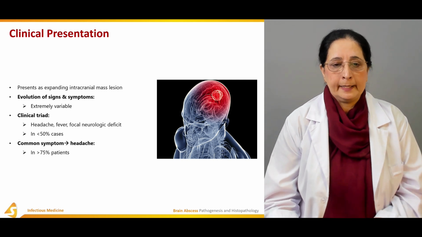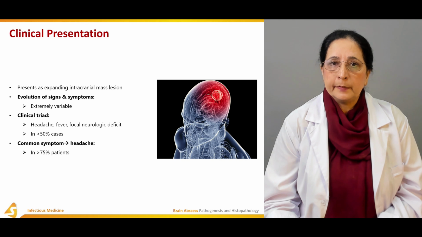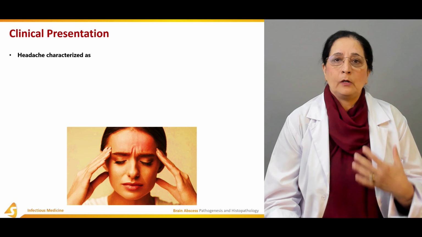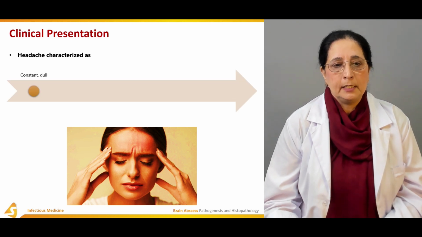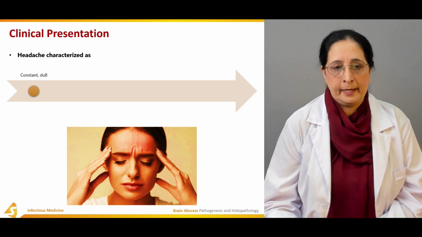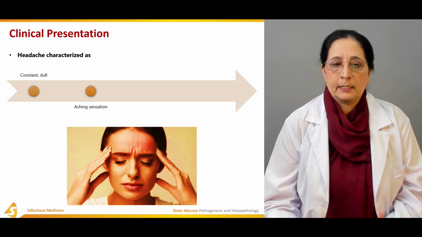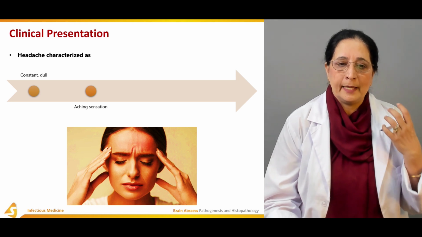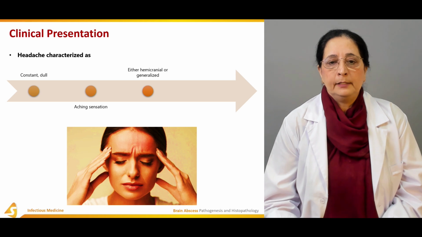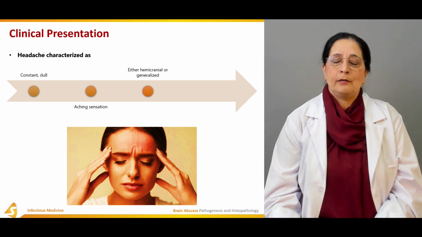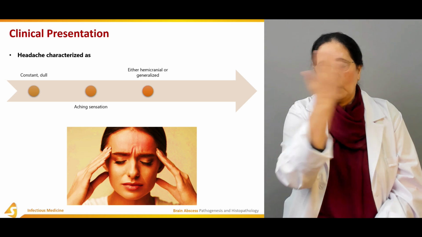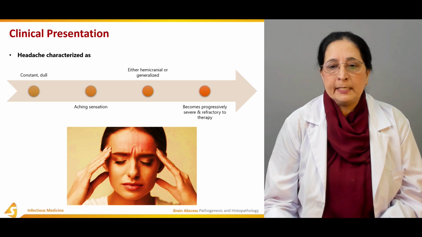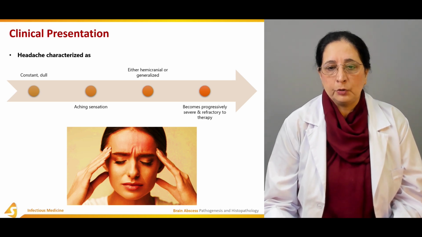The common symptom, headache, is present in more than 75% of patients. The headache characteristic of brain abscess is a constant, dull, aching pain, either hemicranial or generalized, on one side or all over. It becomes progressively severe and refractory to therapy.